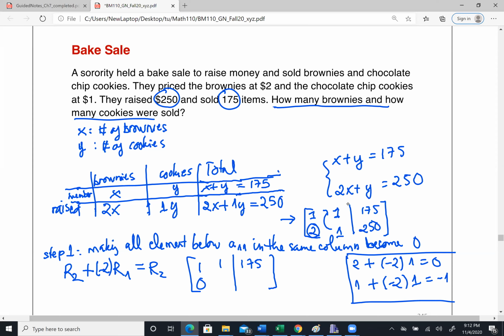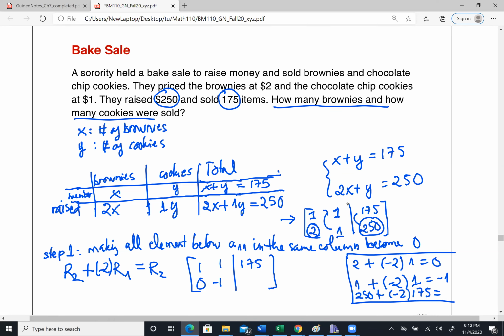Now the 250: 250 plus -2 multiplied by 175.